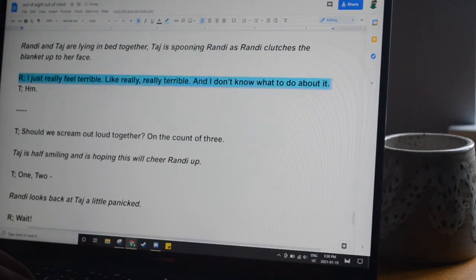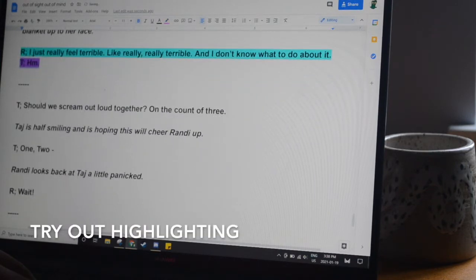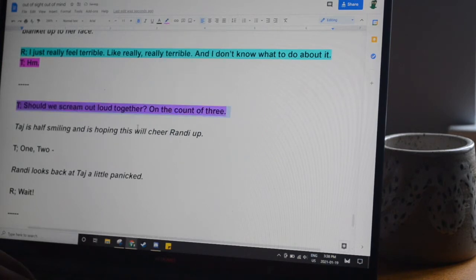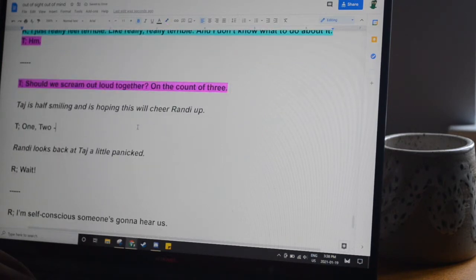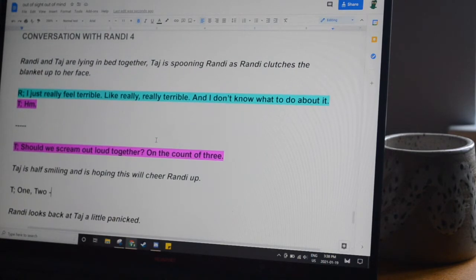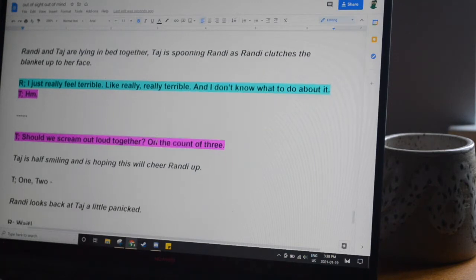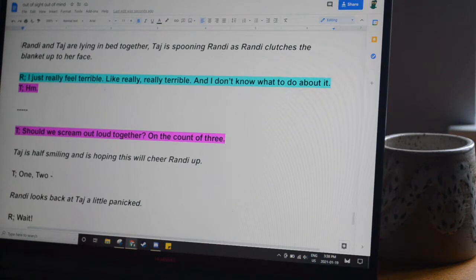Maybe I highlight them all in blue, and I'll highlight all of mine in pink, and that way it's easier for me to see which parts are being spoken by who. This isn't something you have to do, but I think it's great to play around with planning techniques to help yourself see what you've written and understand what you're writing about more.